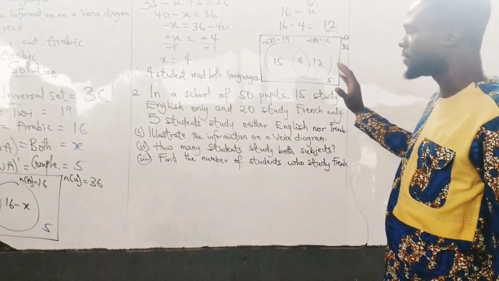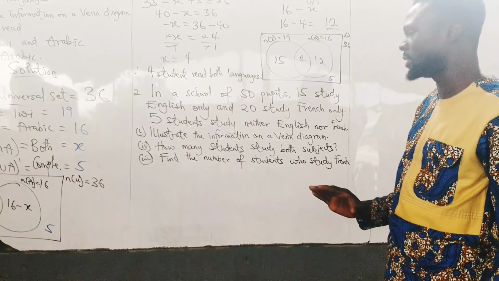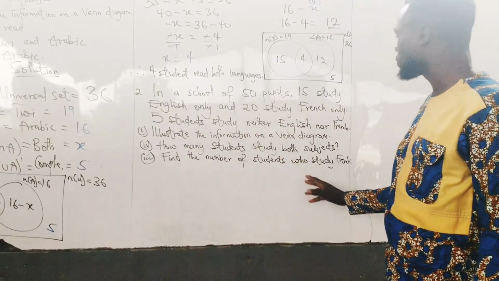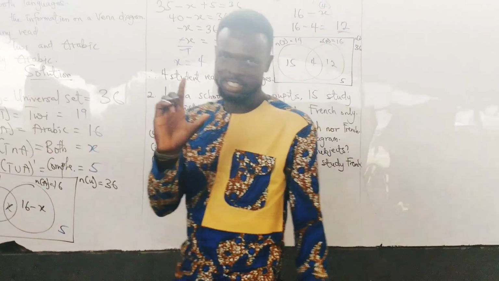Illustrate the information on the Venn diagram. How many students study both subjects? Find the number of students who study French.